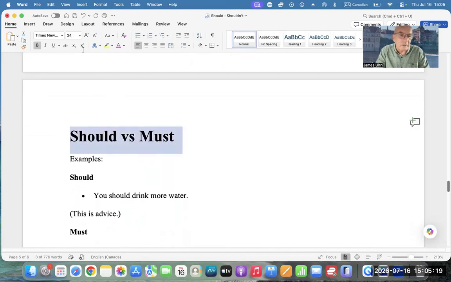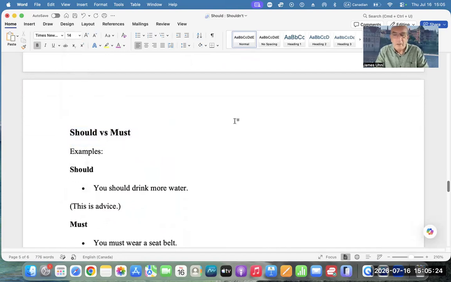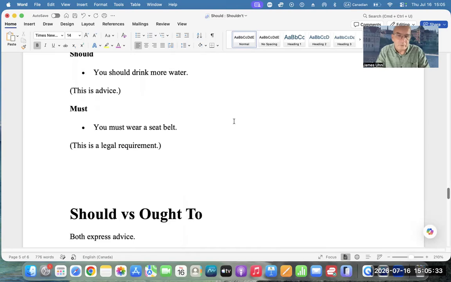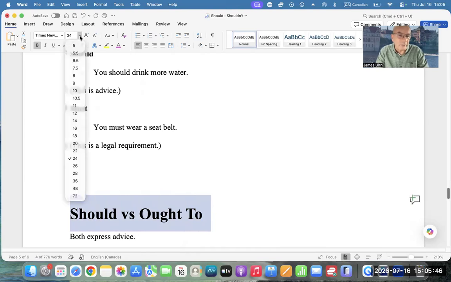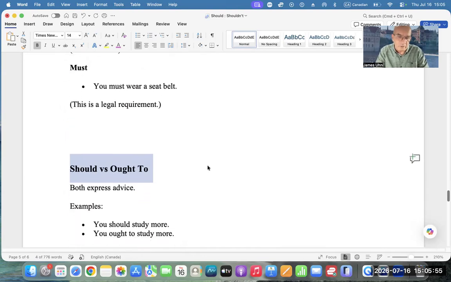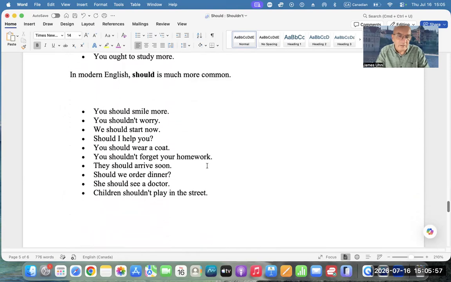Well, we can work on it, or we can leave it for senior classes, because then we have should versus ought, which is really bad, because ought, I teach children do not learn ought simply because ought is taught in private schools as unwanted word. Ought does exist, but don't use it. Okay, and then that's it.